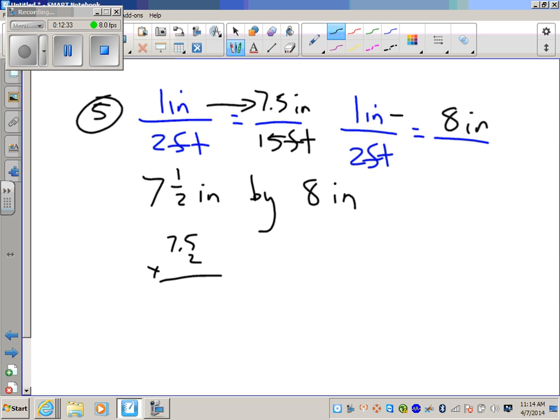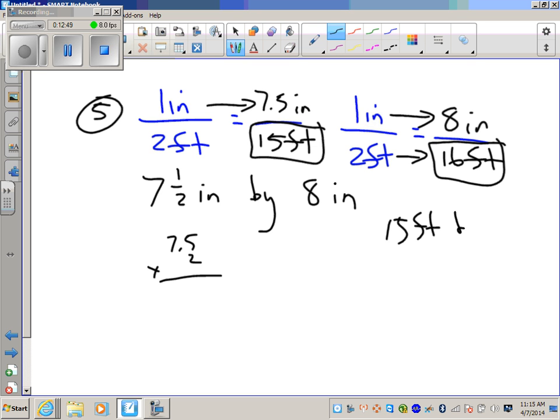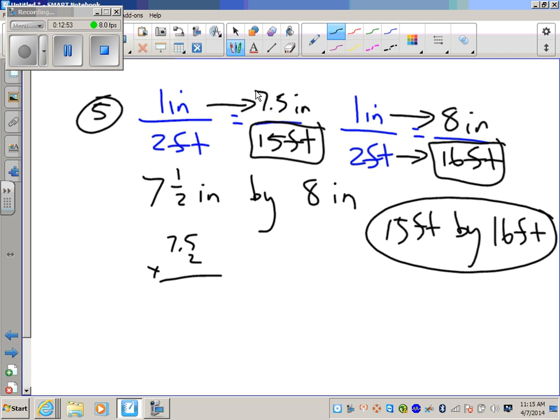How about over here? To get from 1 to 8 is times 8. So 2 times 8. So if in the drawing it's 7.5 inches by 8 inches, in actuality, it's 15 feet by 16 feet. All right, we got it.